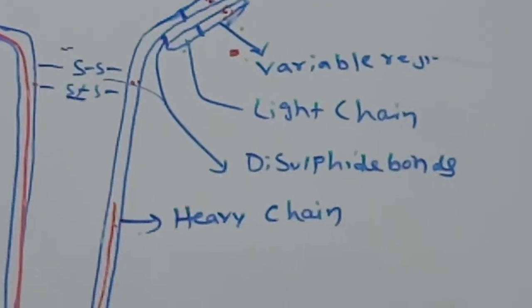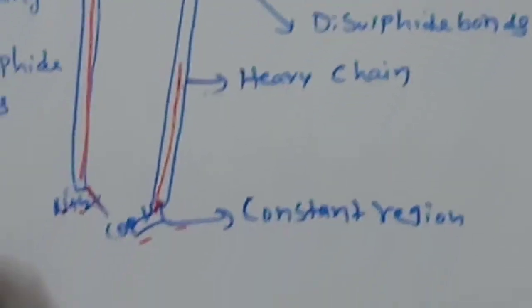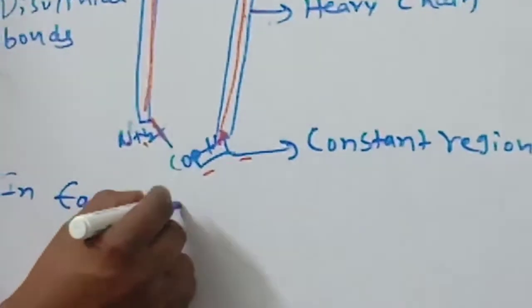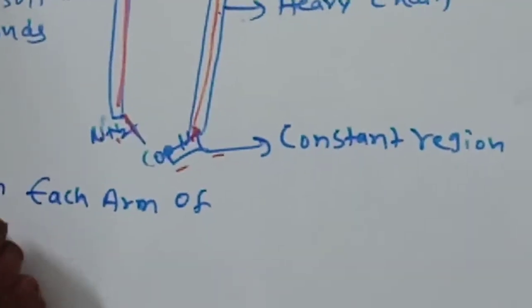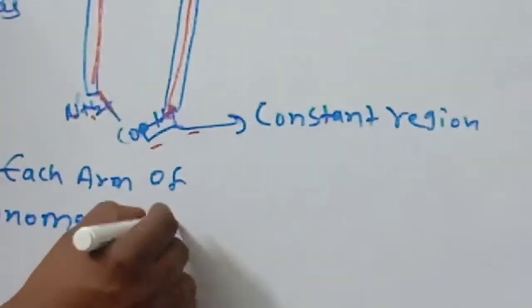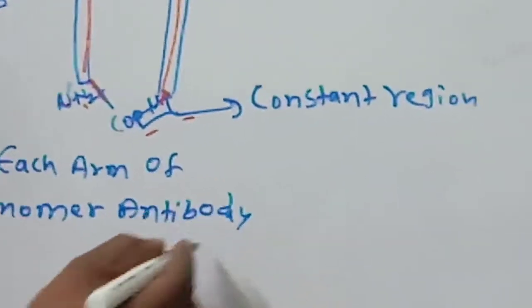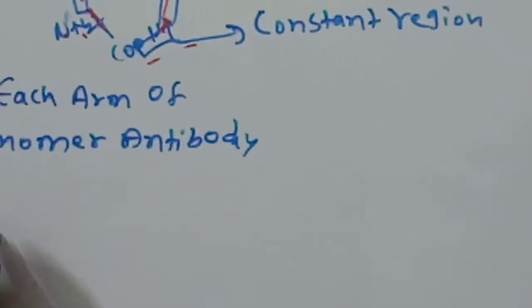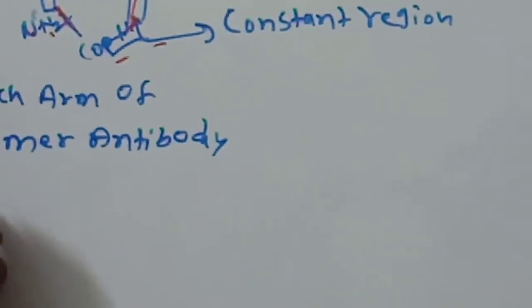In each arm of the monomer antibody, the V regions are there.